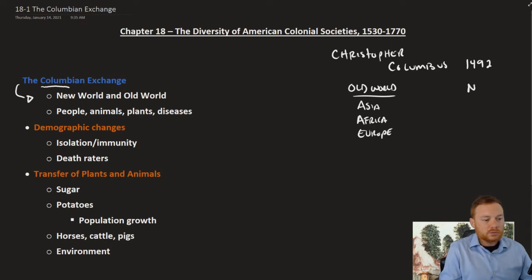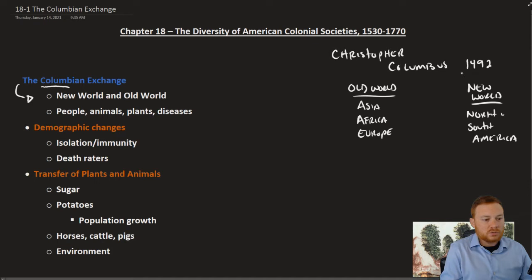The New World consists of North and South America. And what his voyage really signaled in 1492 was the beginning of the end of isolation between these two land masses or set of continents.